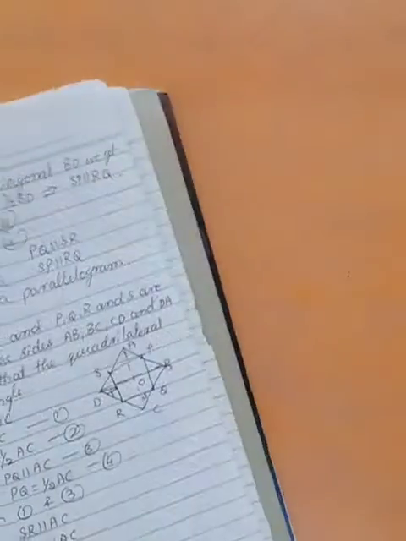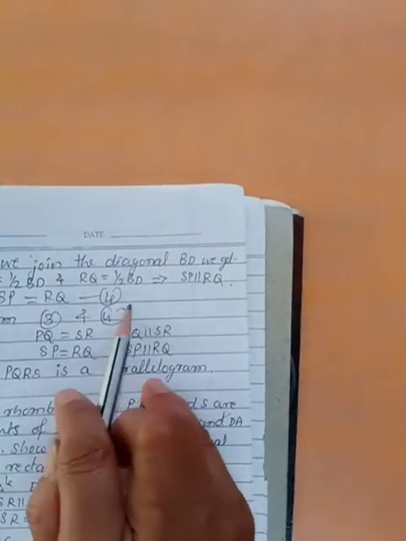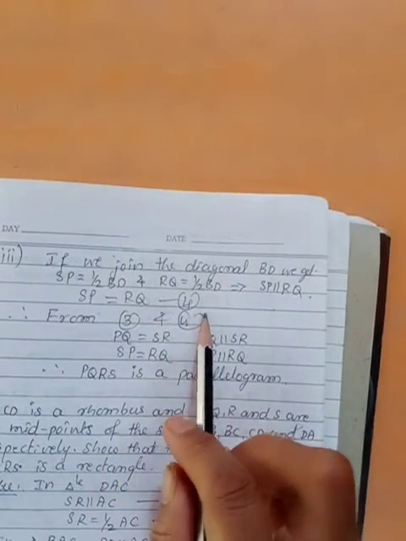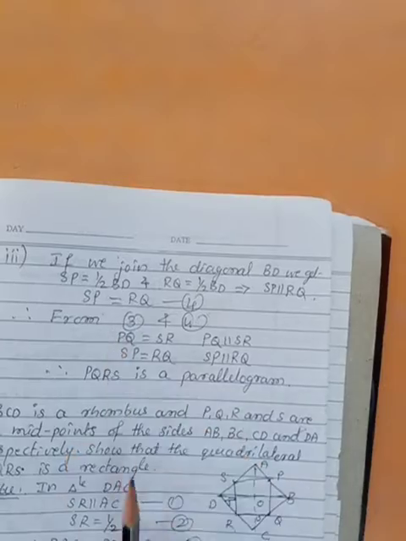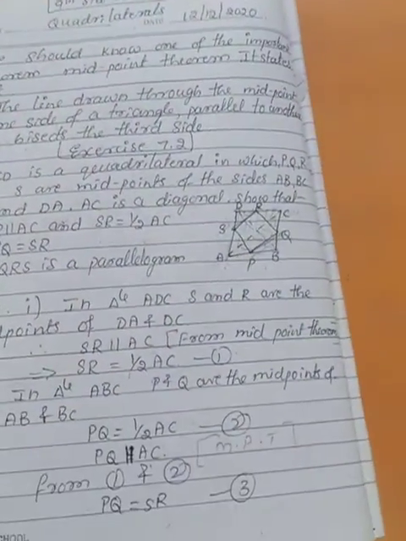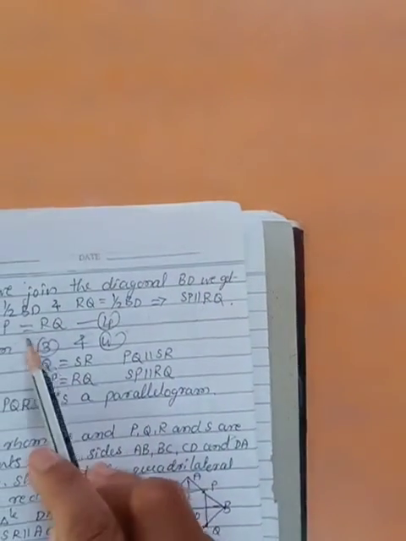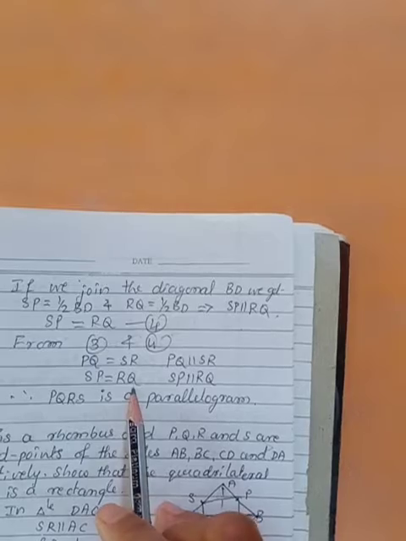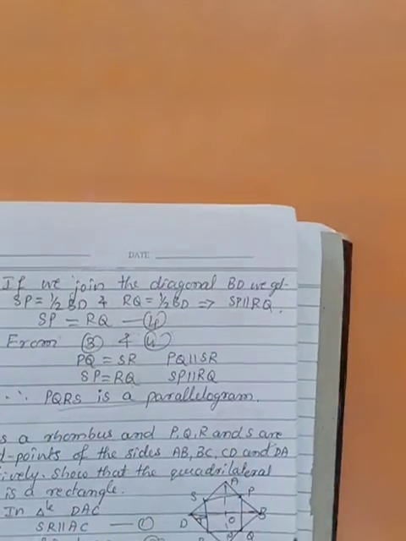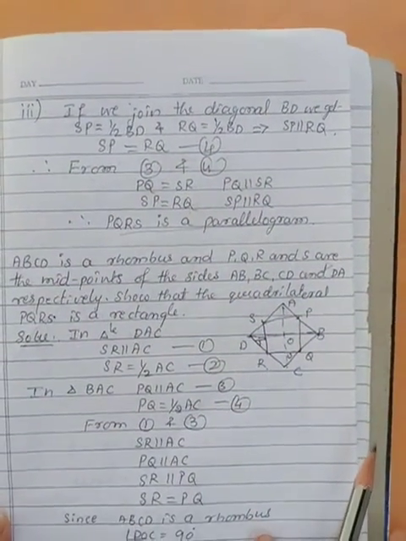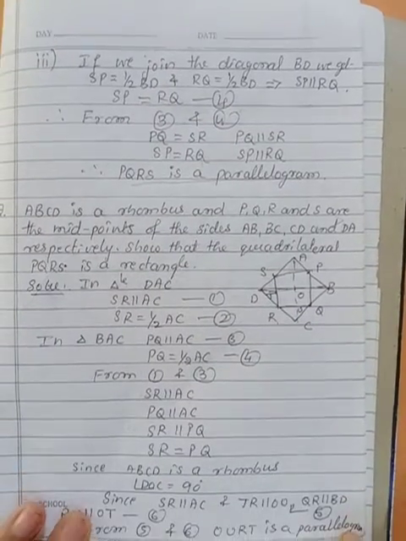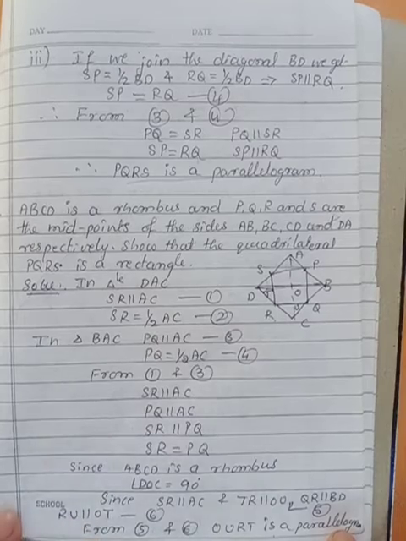So we get SP equal to RQ. The third one we already got: PQ is equal to SR. Now here we got SP equal to RQ. So we got the opposite sides equal. Therefore we can say that PQRS is a parallelogram. So that problem completes. Now we will move to the second problem.